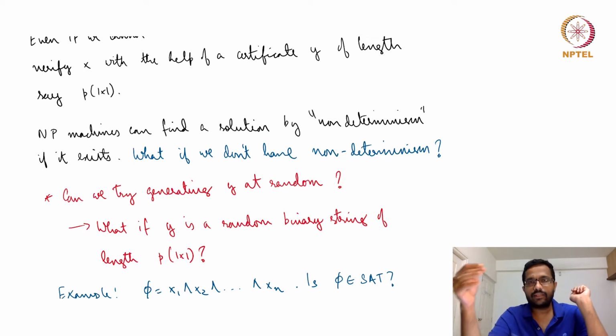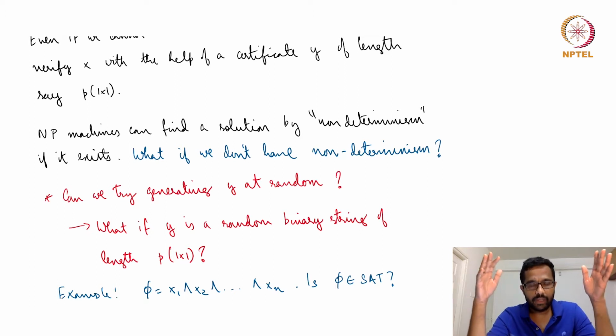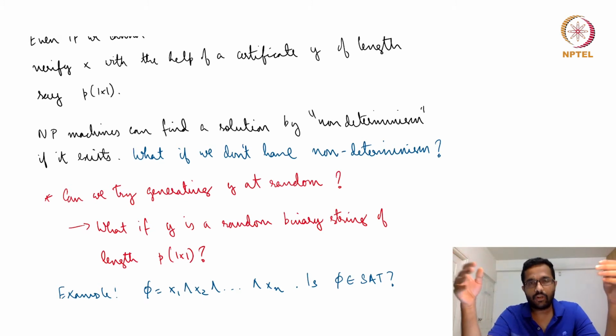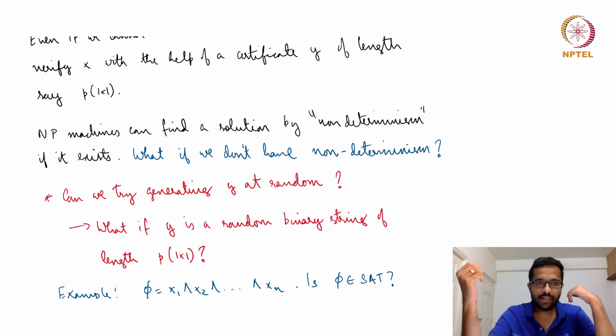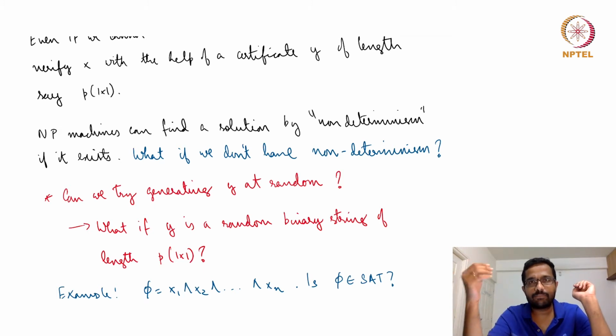I have also seen other sources where they say that you can think of it as being able to test all the strings, all the certificates, in parallel, or all the computation paths can be tested in parallel. So these are all different ways to think of non-determinism. I personally do not agree with this parallel notion, because I think it leads to more confusion. I would like to think of it as the machine automatically finding the path using the power of non-determinism.